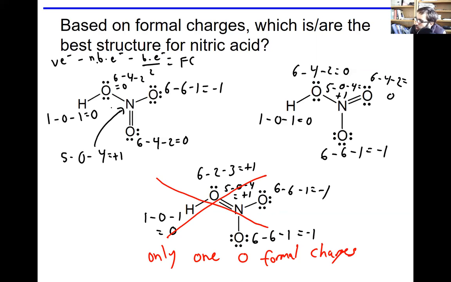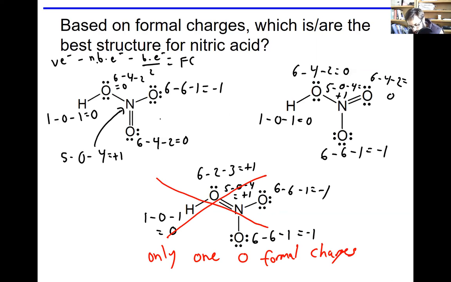And let's look at here. Are there any differences here? 0, 0, -1, 0, +1. We have a +1 on a nitrogen and a -1 on this oxygen, or -1 on this oxygen. Well, those are the same type of oxygens, really. I mean, one I just drew up here and one I drew down here, right? These structures are the same.